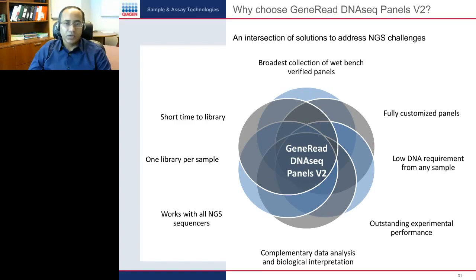It will not only simplify your workflow, but also reduce your cost a lot. And last but not least, it has a short turnaround time from sample to library. In fact, you can go from isolated DNA to a prepared library in just one day.